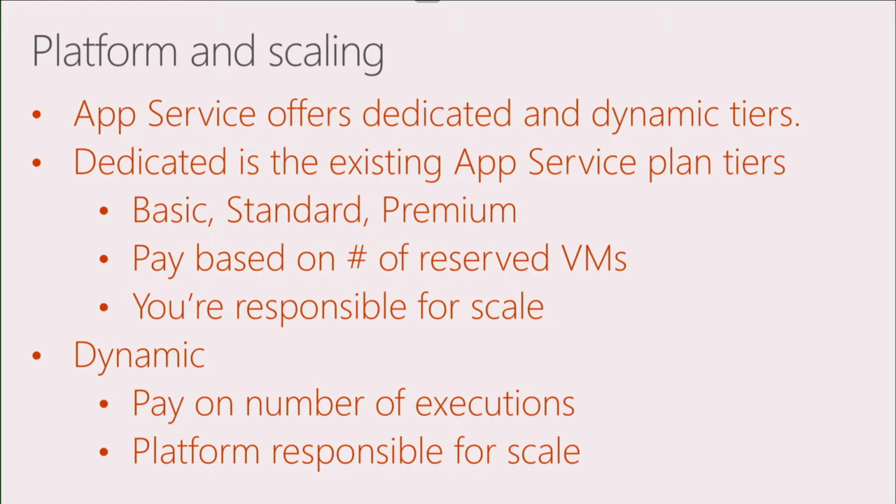But of course, dynamic is the hot thing there because it really helps solve a problem that folks had with the WebJobs SDK, which was figuring out how exactly I want to scale that application. It's certainly possible to have the App Service autoscale feature listen on a queue, and then based off of that queue length, scale myself out. But what is the right velocity to scale out at? What's my threshold for what's too much work for a single instance?